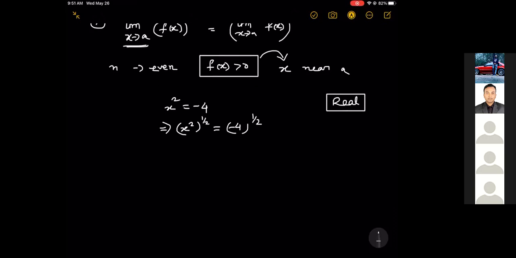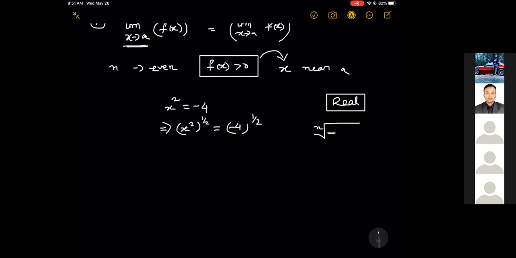Anyone? You get 2i, I think. Yeah, we do get 2i, but that's still imaginary. So the point is, you can't have anything negative inside the root when n is even.